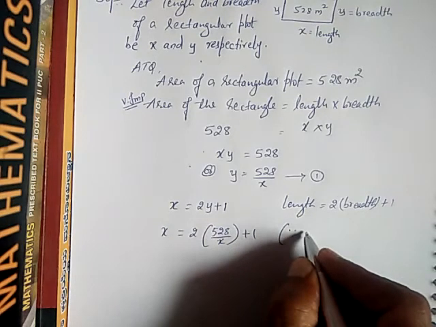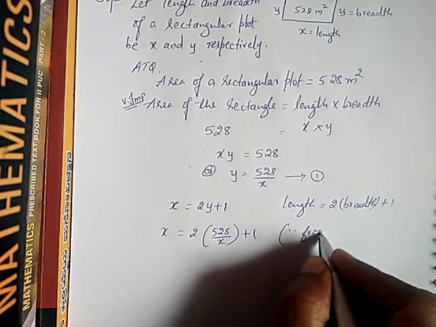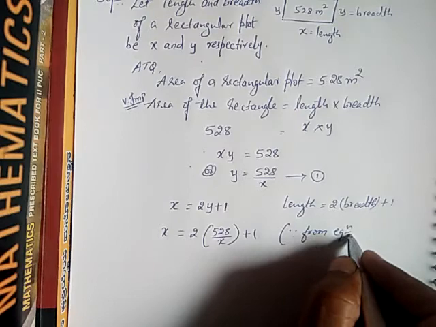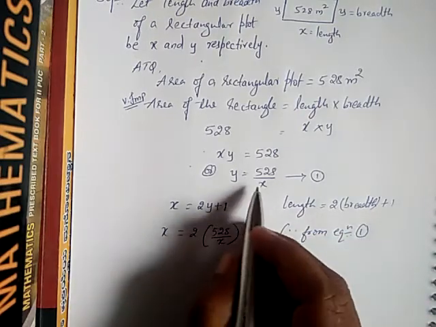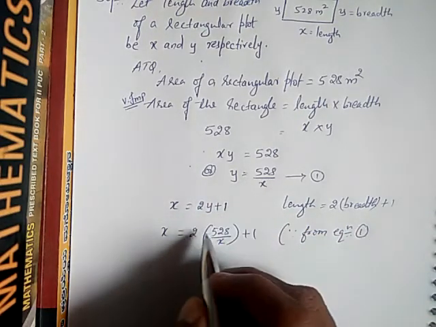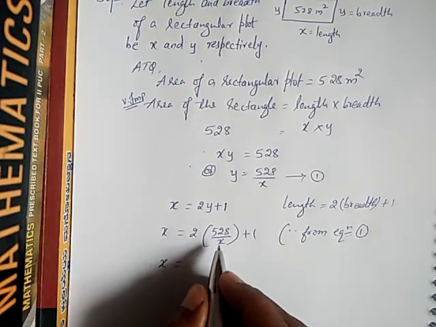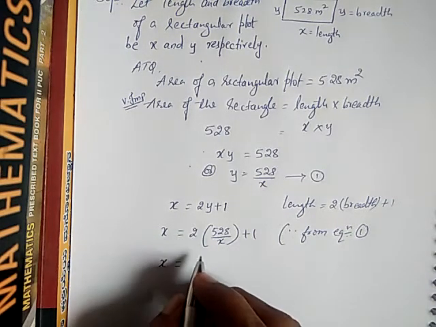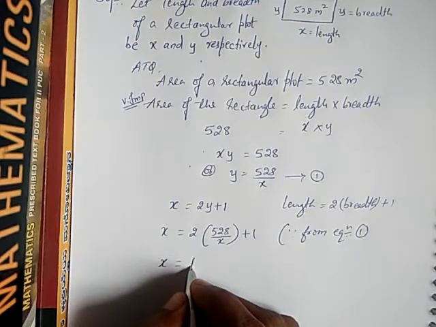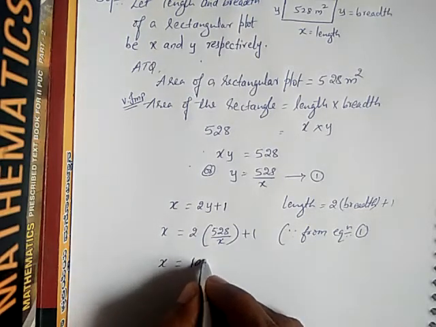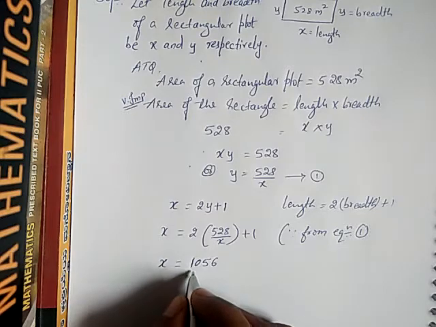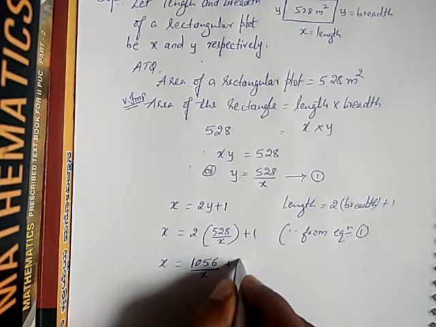Since from equation 1, y is equal to 528 by x, that I have written here. So this can be written as x is equal to 2 into 528, which is 1056, divided by x, plus 1.